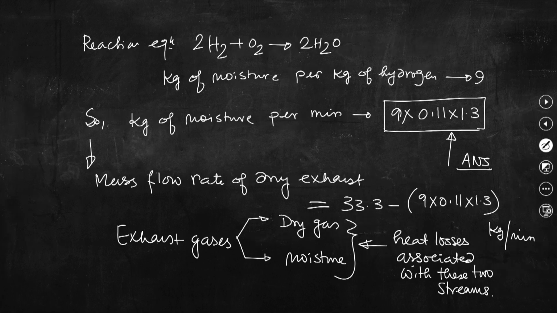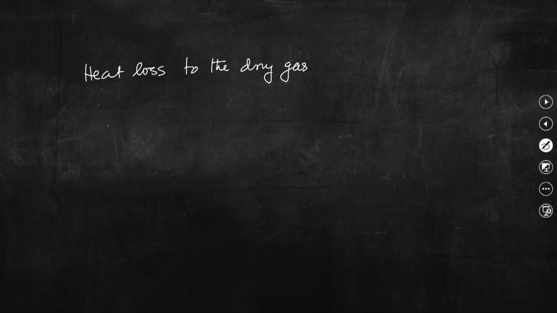Okay. Now, if we go to the next slide, we can certainly write heat loss to the dry gas, that is equal to m dot dry gas Cp dry gas into Tg minus T ambient.